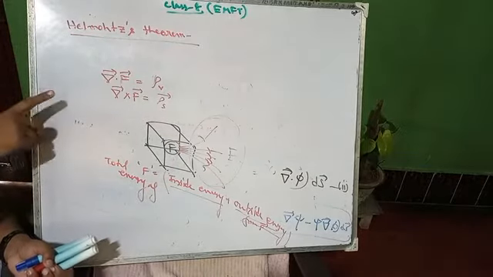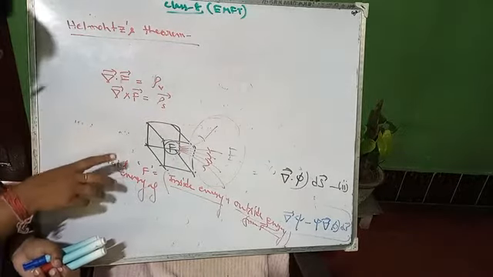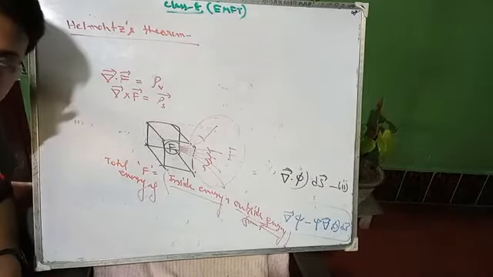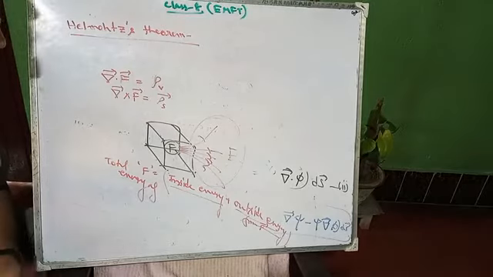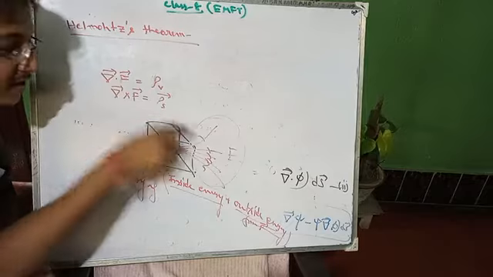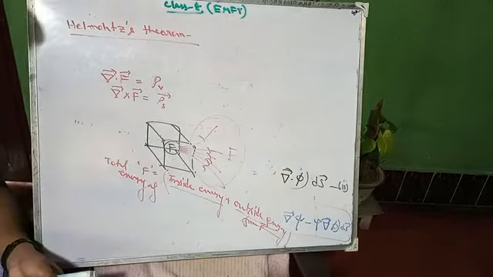If we consider there is no energy absorbed by this boundary. Always remember, for the Helmholtz theorem you have to consider that there is no boundary condition. Boundary condition means provided no energy is absorbed over the boundary of the system.